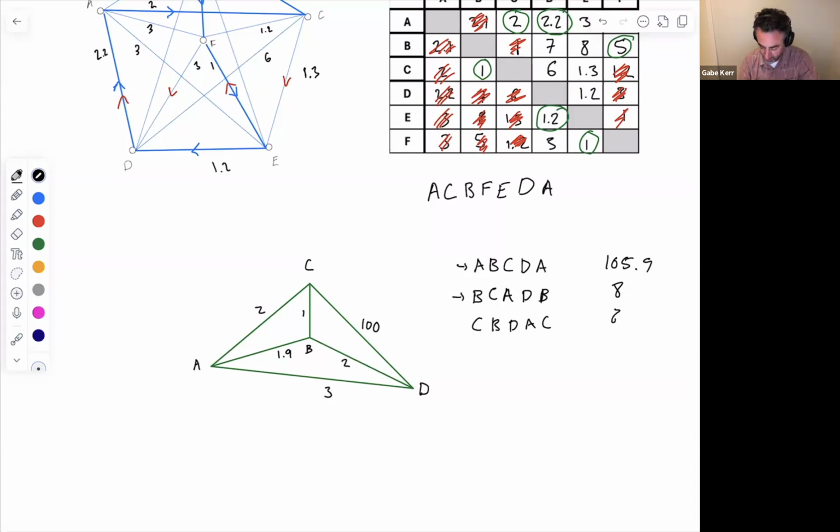So these guys are both going to be 8, and then if we started with D, we would get D, B, C, A, D, and so this also is really the same as these guys. We get 8 here. So what I just did was I just performed what's called the repetitive nearest neighbor algorithm.